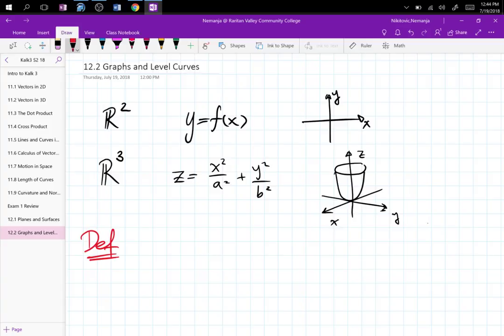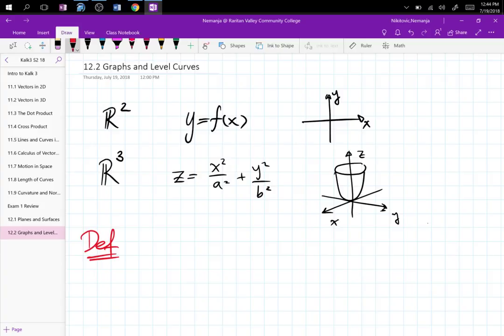One more time: a function is a rule which assigns to each x from the domain a unique y in the range. So now it should make sense to upgrade this and say a function is a rule which assigns to each point from the domain a unique z in the range. You have the ordered pair x, y, which is your input, and then you have a single z in the range, which is your output.